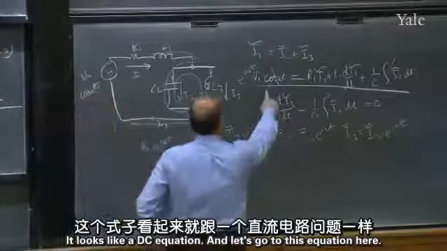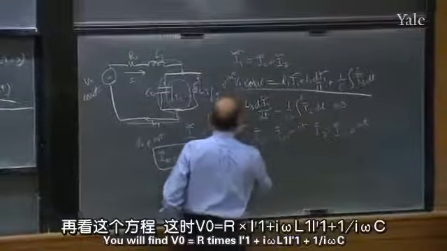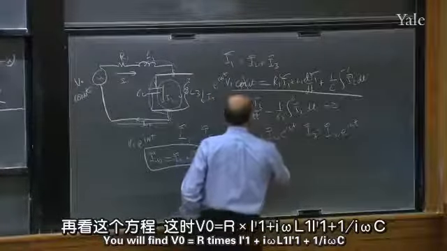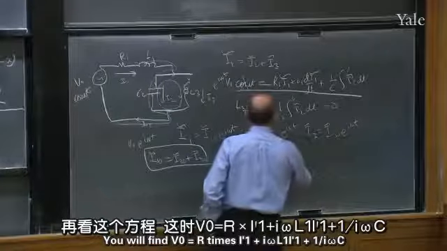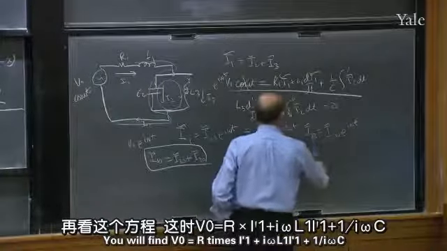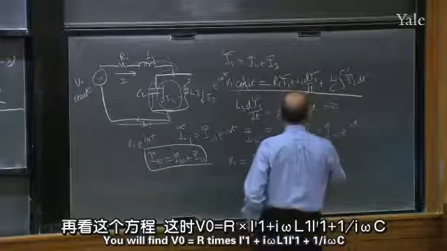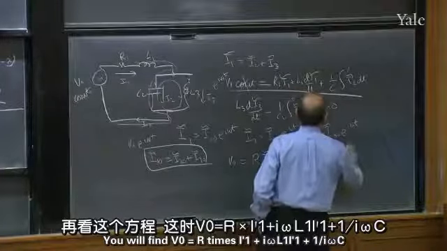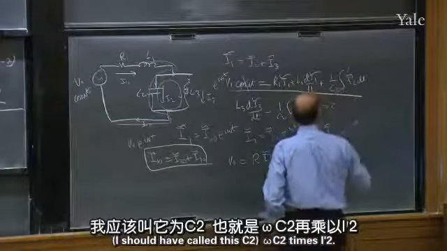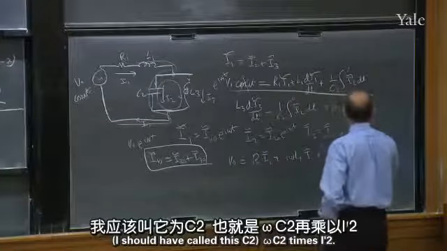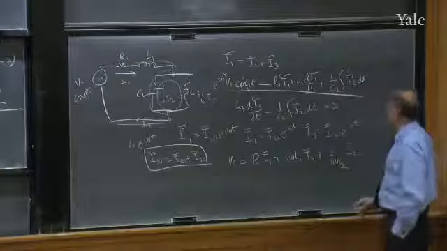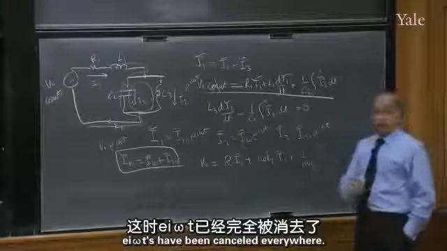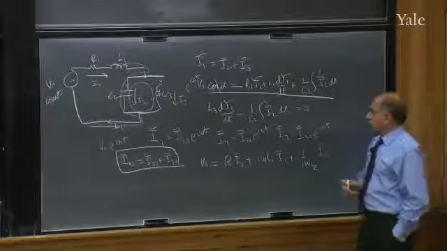And let's go to this equation here. You will find V0 is equal to R times I1 twiddle plus i omega L1 times I1 twiddle plus 1 over i omega C, I should have called this C2, times I2 twiddle. The e^(i omega t)'s have been cancelled everywhere. So what do you find?